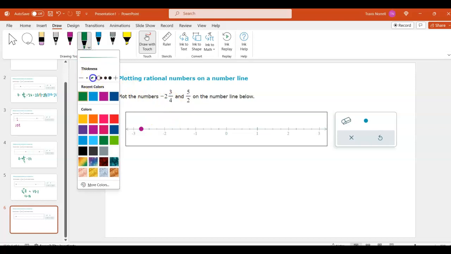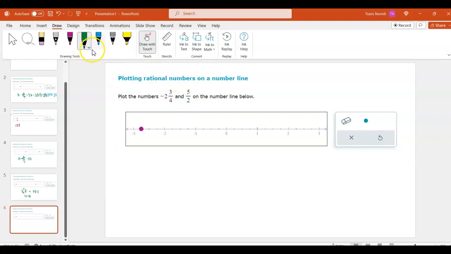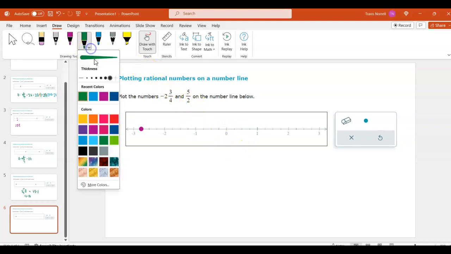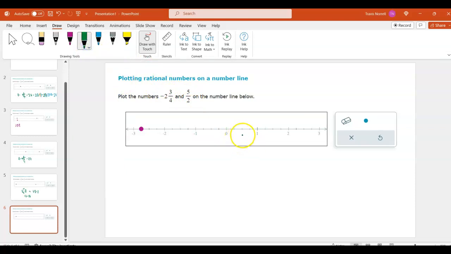And then for the second one here, if I think of this in halves, we have here, let's label this into halves. So here would be 1/2, 2 halves would be 1 whole, 3 halves would be like 1 1/2.